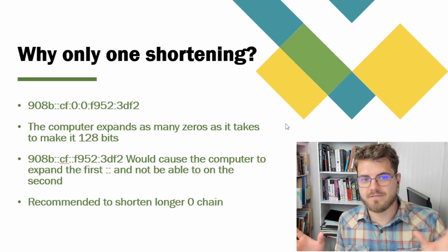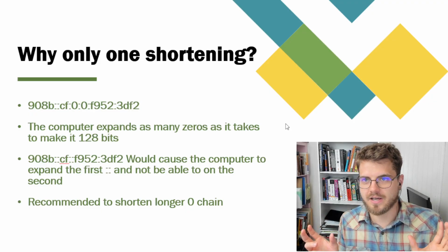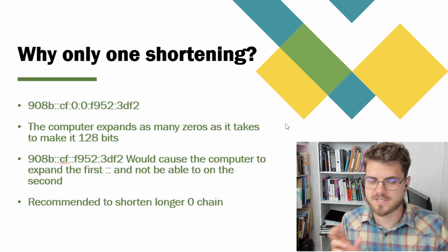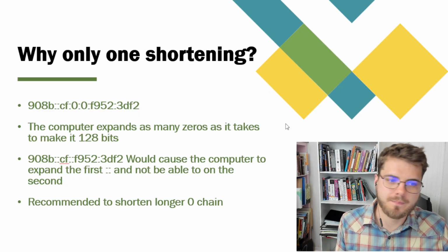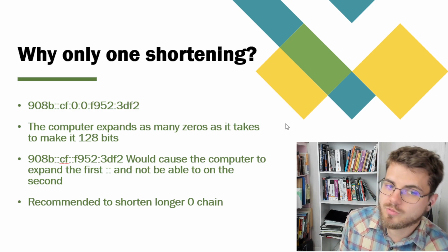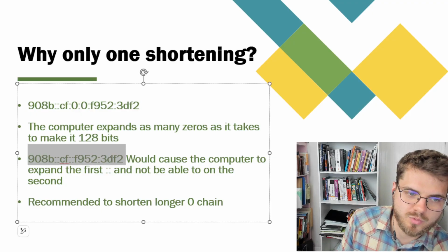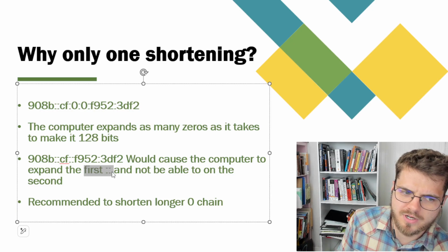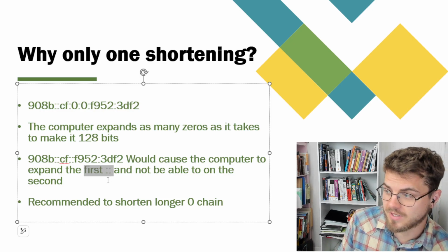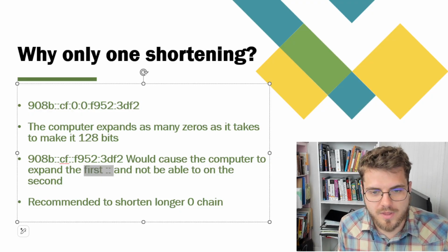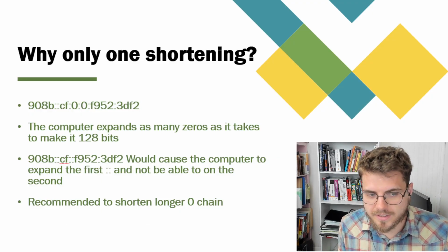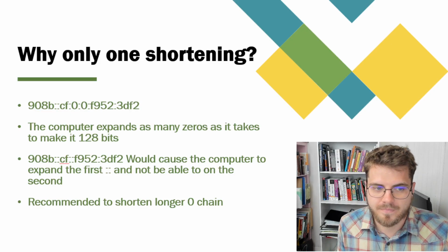So if you have two that are both shortened, it's not going to know how many zeros are on which side. And if it just expands one side, then it won't have any room to expand the other. So this would be incorrect. I wrote that it would expand the first one and not be able to on the second, but I don't know that it would expand the first or the second. I know that the way the computer reads it, it expands one of them.